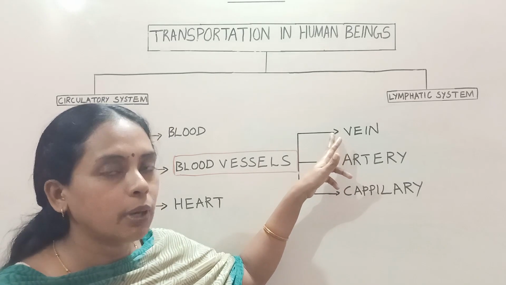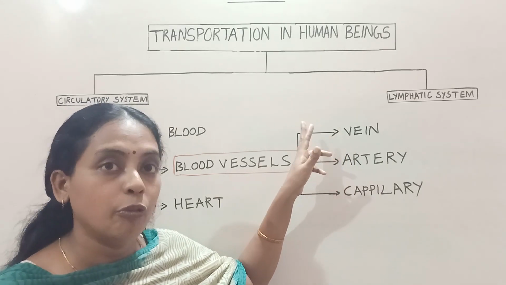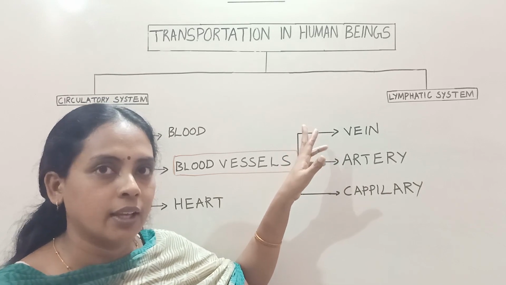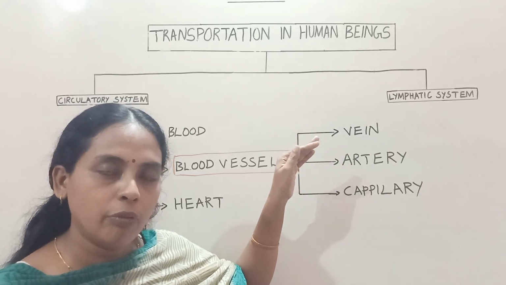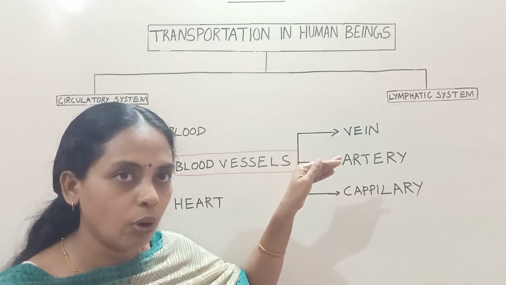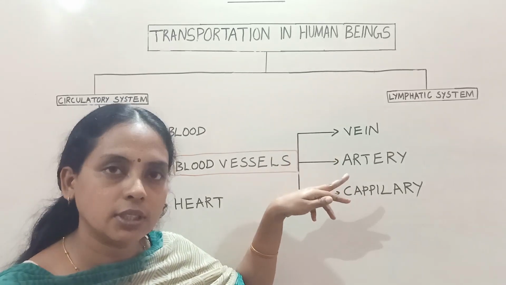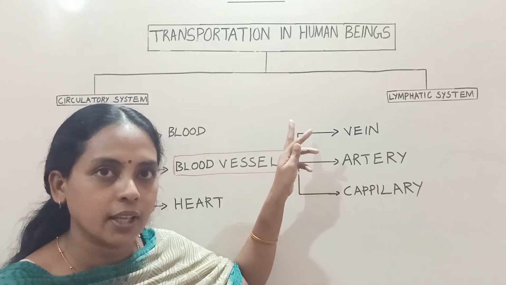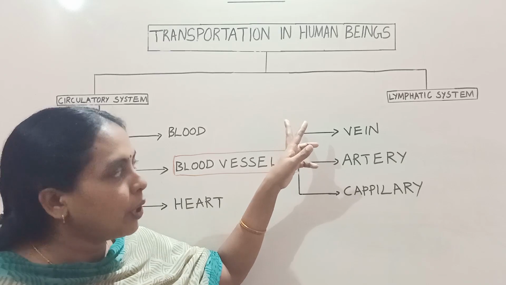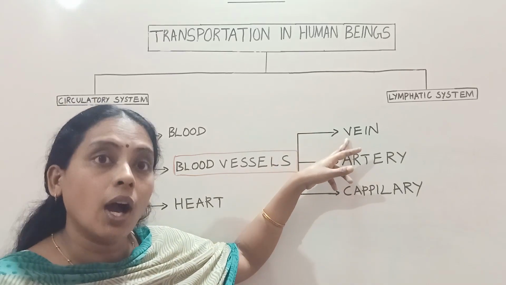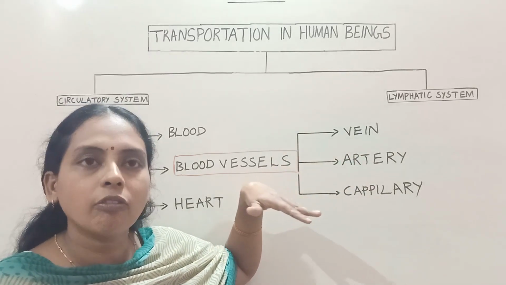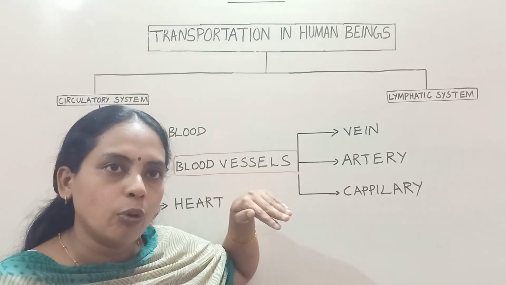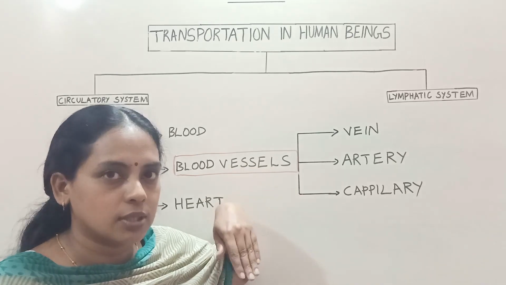The flow of blood in a vein is not under pressure, so it is made up of a thin elastic wall and carries deoxygenated blood from the body towards the heart. And veins have valves to prevent the backflow of blood.